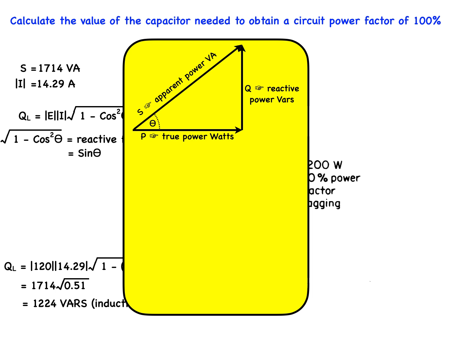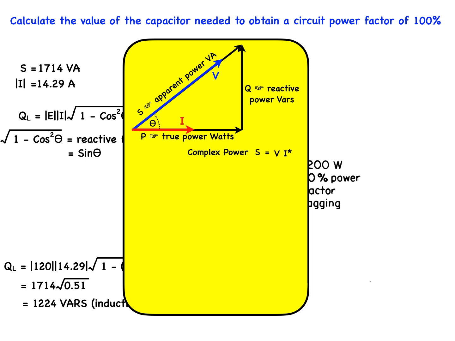Let's for the moment return to the power triangle, keeping in mind that the power factor angle is also the angle between the applied voltage and the current in the circuit. Remember that the formula for complex power is V I conjugate. Remember now that these terms are phasors or vectors.